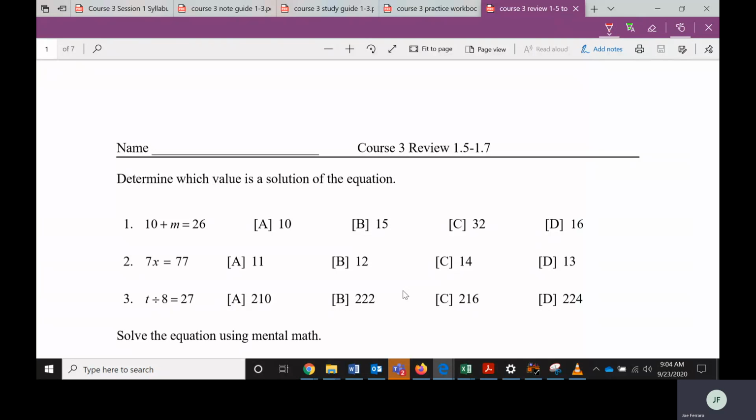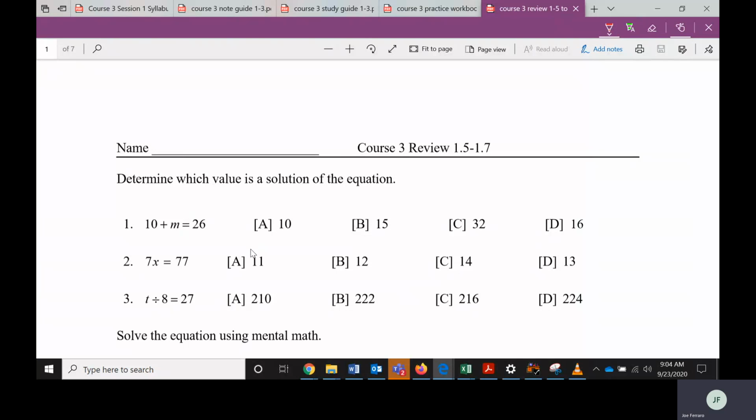All right, so let's take a look at the review here. These will go in order on the review as 1.5 through 1.7, so you can look it up in your notes, but in your test they could be all mixed up. These first types are solving equations by guess and check or just thinking about it.